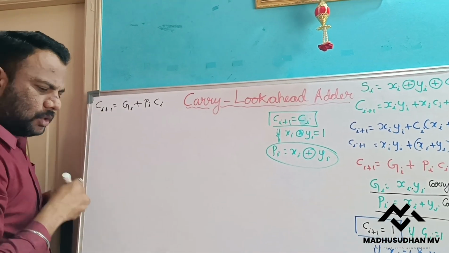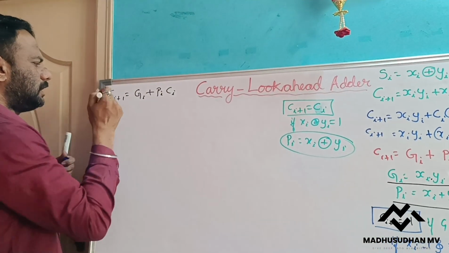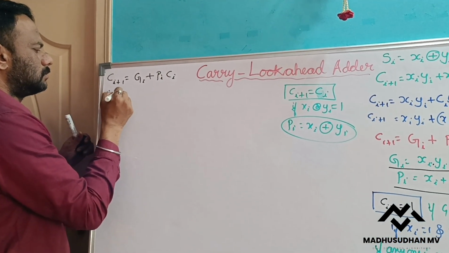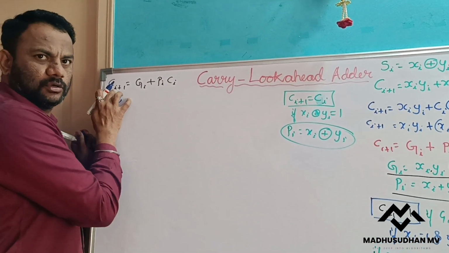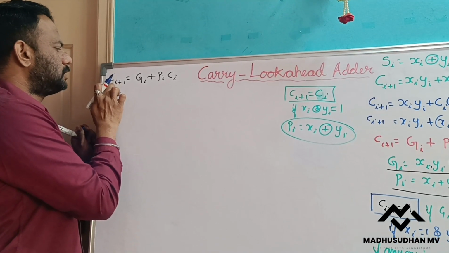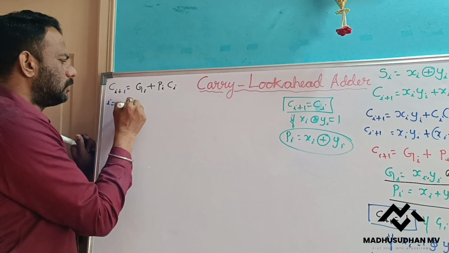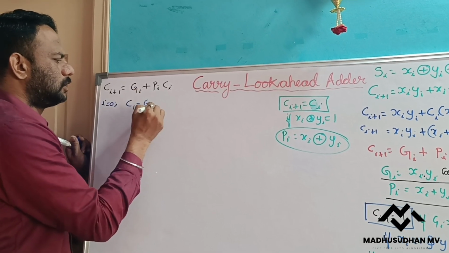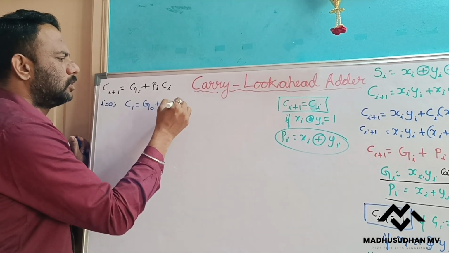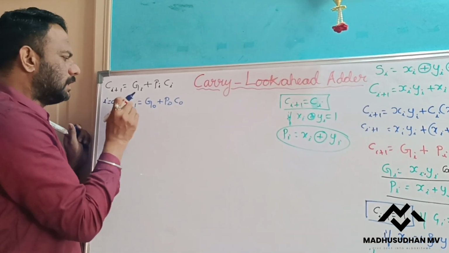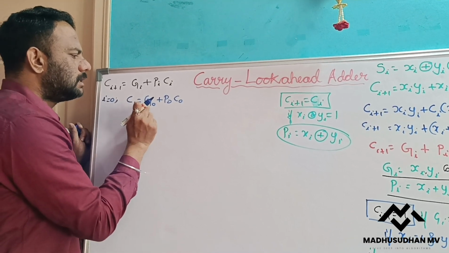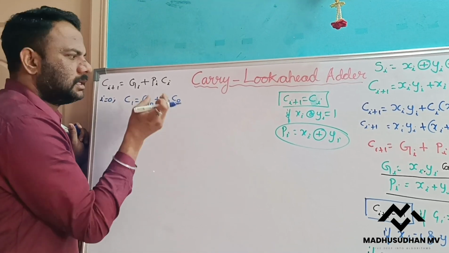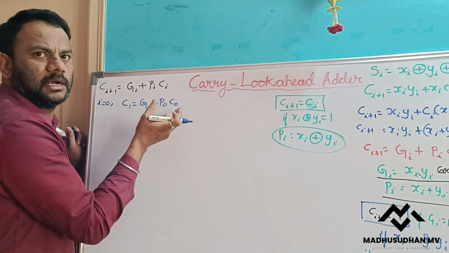Now what I will do, I will put i is equal to 0. If I put i is equal to 0, then what happens? 0 plus 1, 1. That is C1 is equal to G0 plus P0 C0. So that means C1 is depending upon C0. Obviously, the initial carry C1 has to depend on C0.